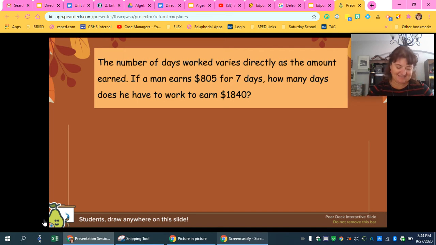Y'all know I'm going to be asking you for an answer on this, on the Ed puzzle, so you might as well be figuring it out. And then 7 is the days worked. How many days does he have to work to earn? So where did the money go? I'm putting mine in. Then do your cross multiplying.